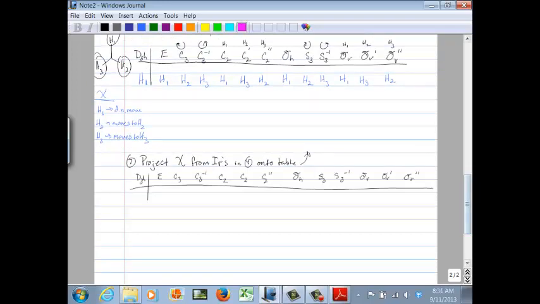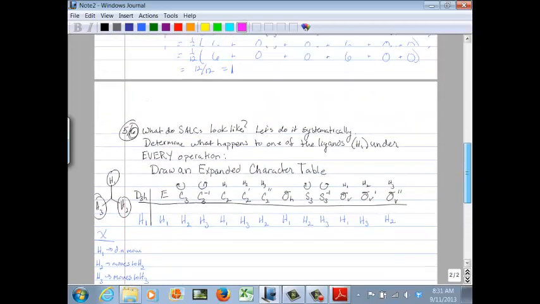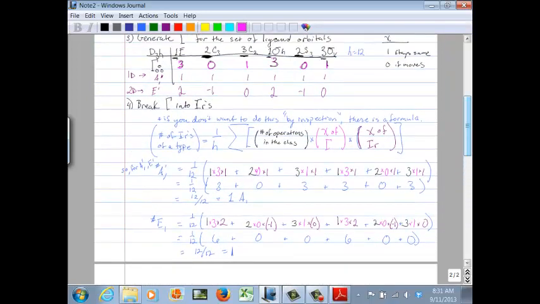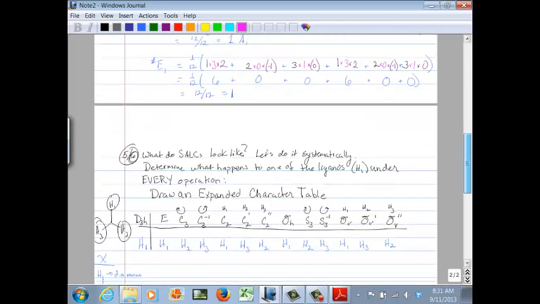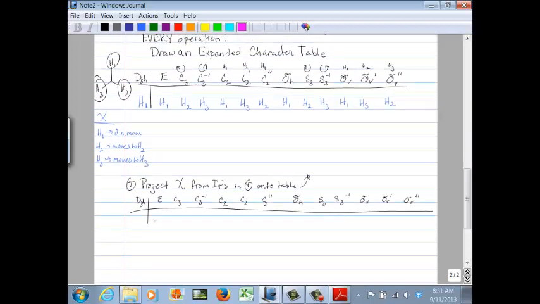So what does my A1 prime look like? We go up to the irreducible representation that we found. Everything was a 1, so that one's easy to do. I'm going to multiply A1 characters by the H1 table above.